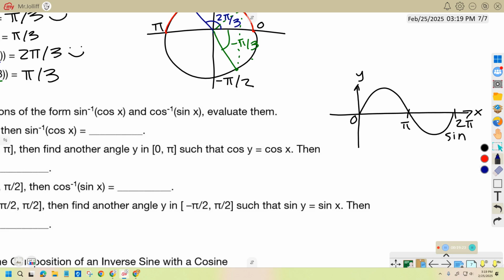And we'll do cos in blue. If sine starts at 0, cos must be the one that starts at a 1. He starts at a peak. Comes down, goes back up. And his intercepts are at pi over 2 and 3 pi over 2.